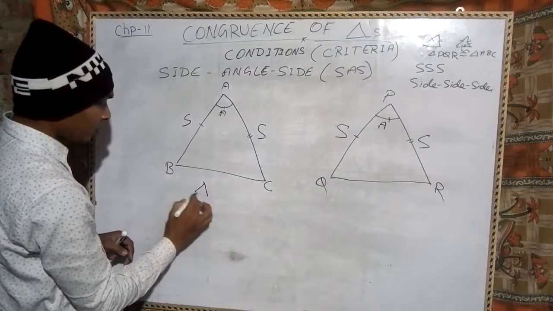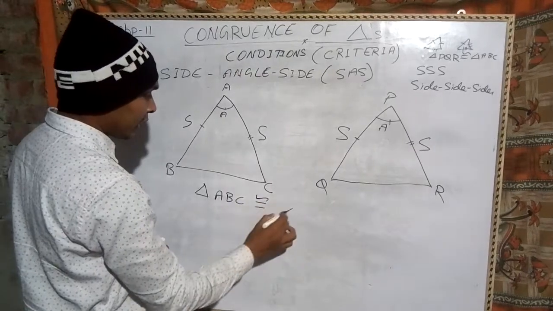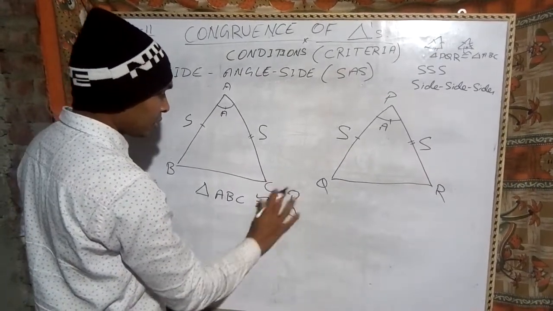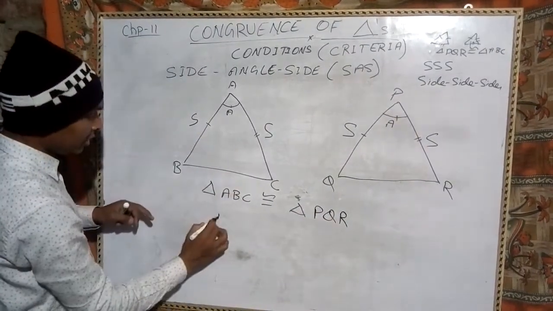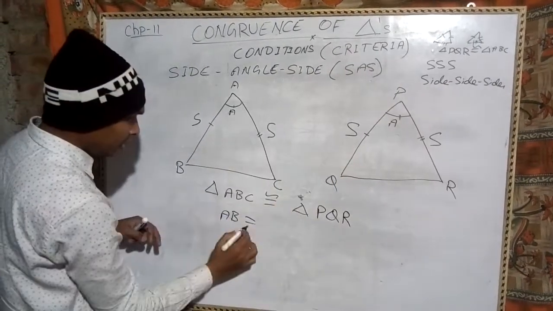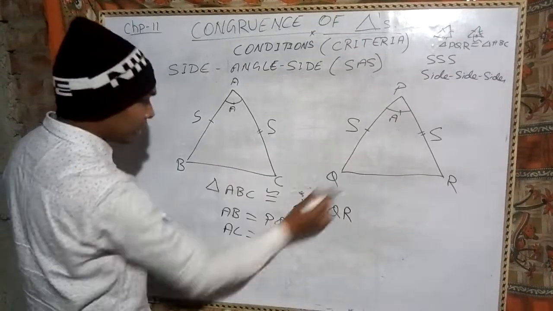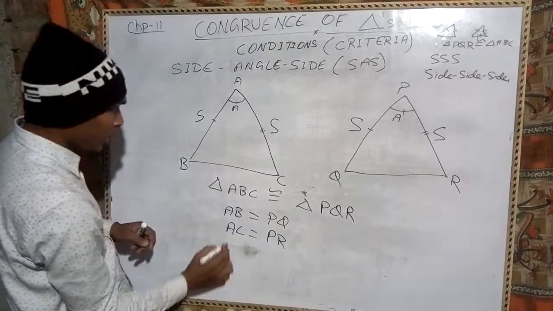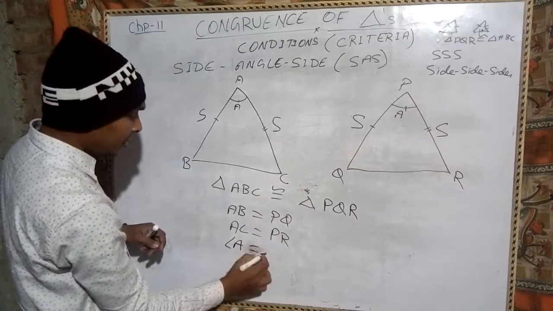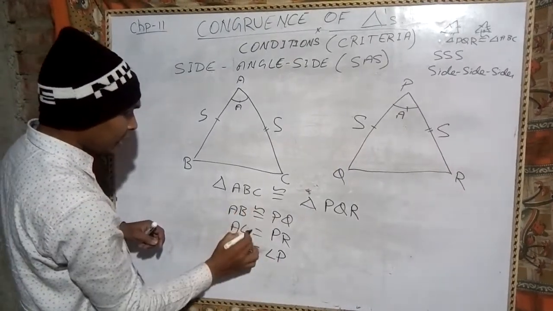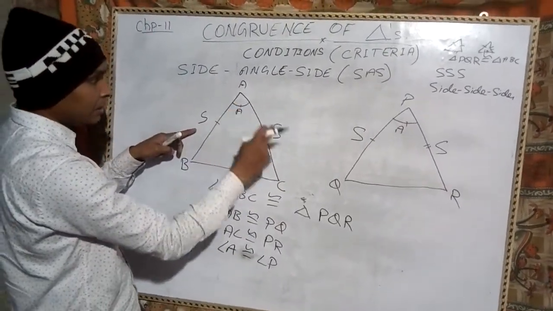In triangle ABC is equal to and similar to triangle PQR, when this side AB is equal to this side PQ, this side AC is equal to that side PR, and this angle A is equal to angle P. All are similar and equal. So this is the criteria for side angle side.